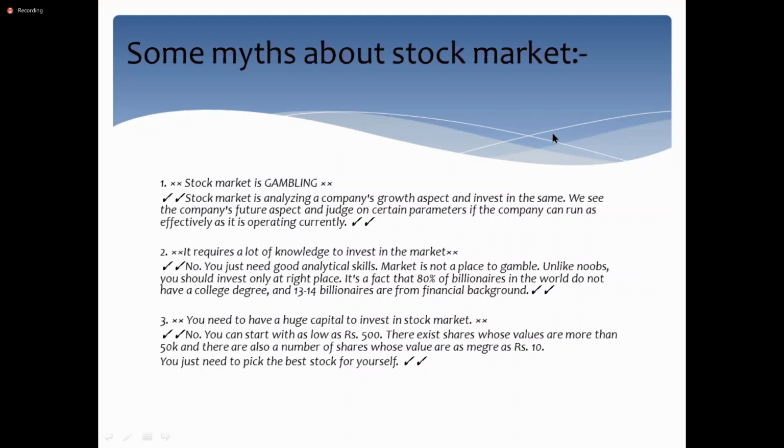Even a seventh class boy can earn good money from the stock market, but his calculation should be strong and he should be good in analytical skills. The market is not a place to gamble. Unlike noobs, you should invest only at the right place. It's a fact that 80% of the billionaires in the world do not have a college degree, and 13 to 14 billionaires are from a financial background.